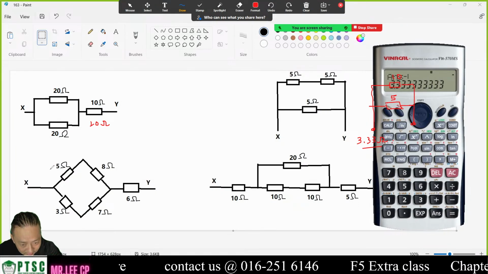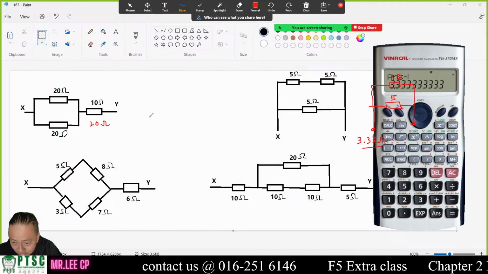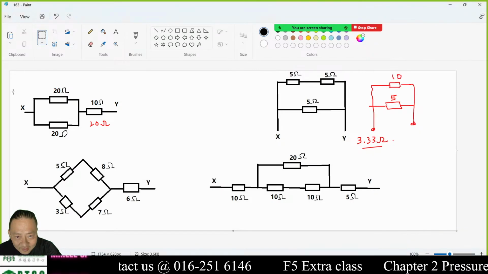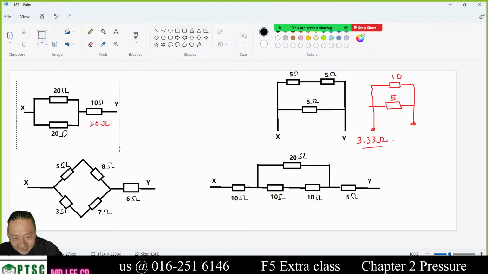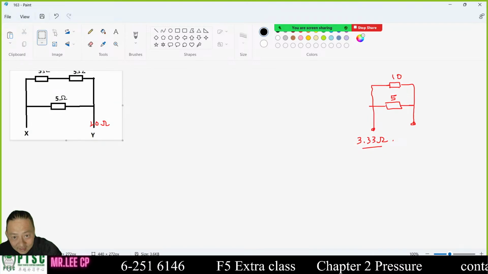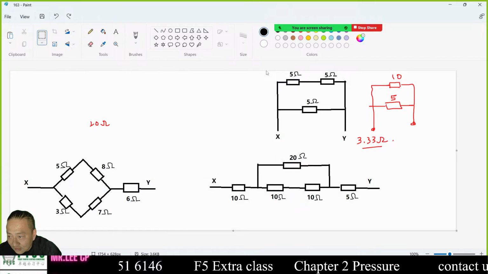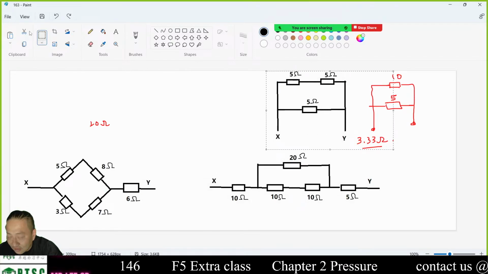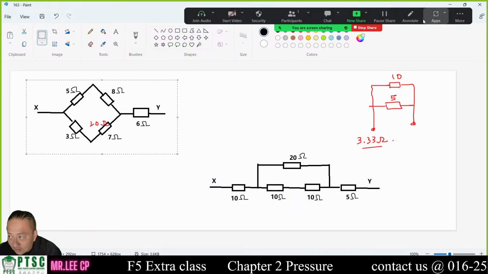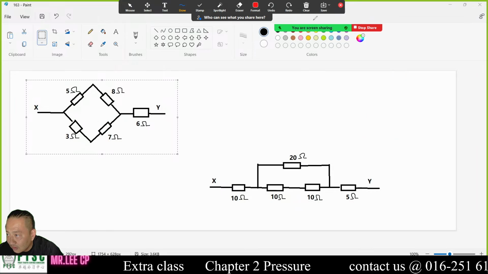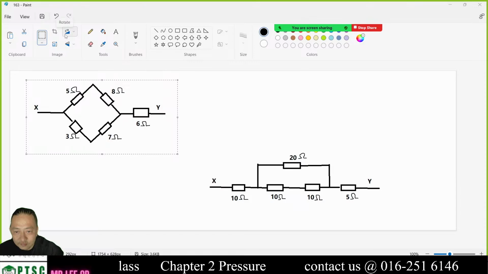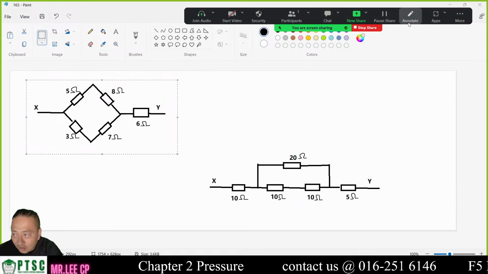This one comes to here, got two ways to go, so I redraw it. Let me help you.